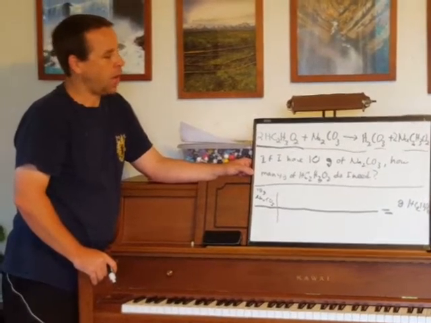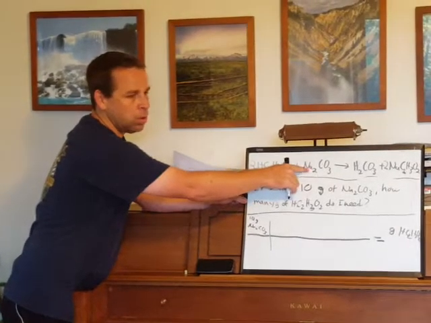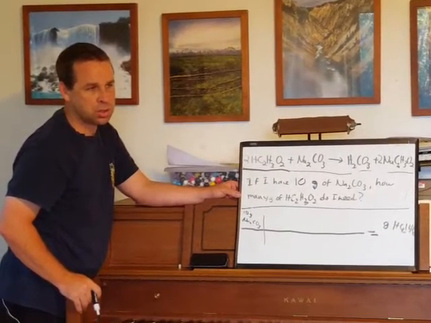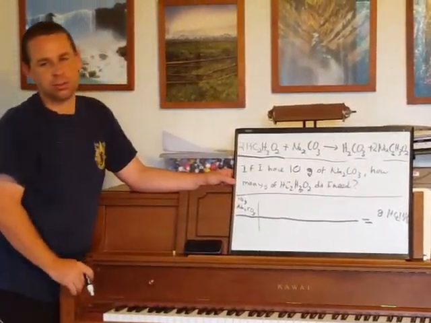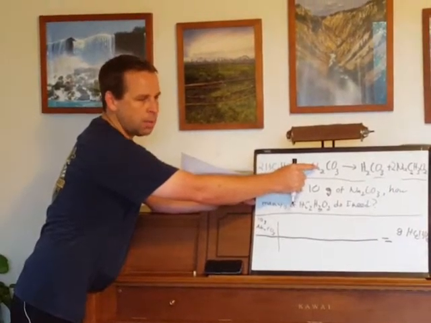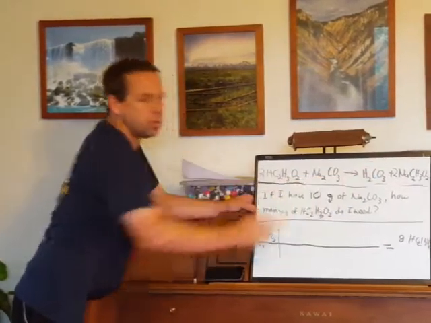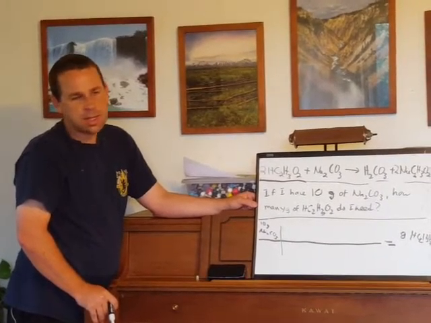You can also say 2 moles of this plus 1 mole of that. Moles are just a molecular unit. Yields 1 mole of that and 2 moles of that. Can I also say 2 grams of this plus 1 gram of that yields 1 gram of that and 2 grams of that? Can I say that too? You can't say that unless they have the same weight.